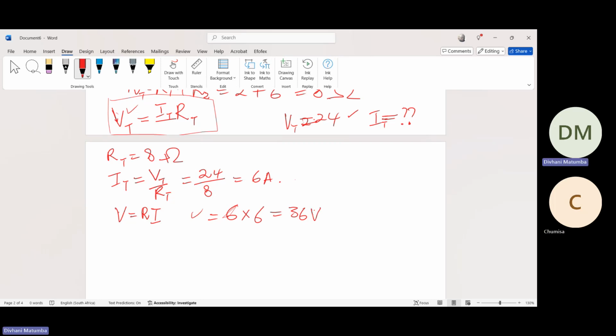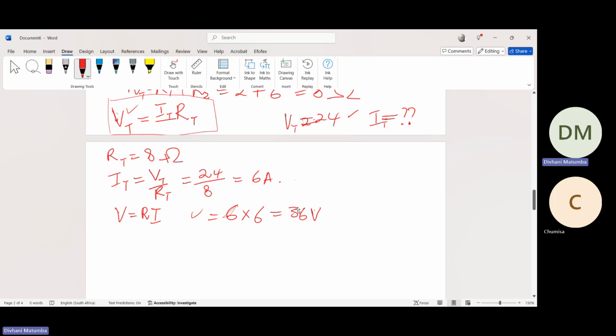24 volts. Current is given by 24 divided by 8. 6 amperes.